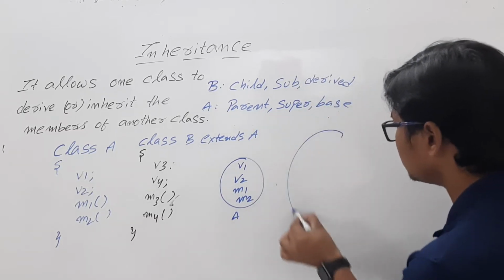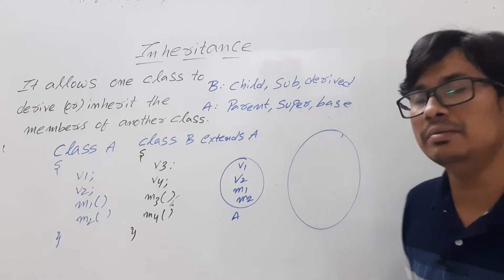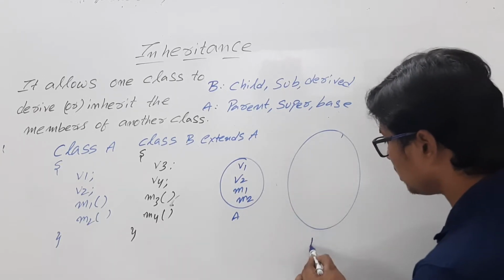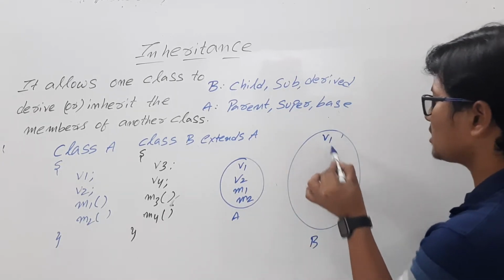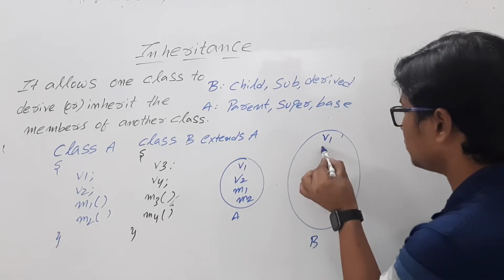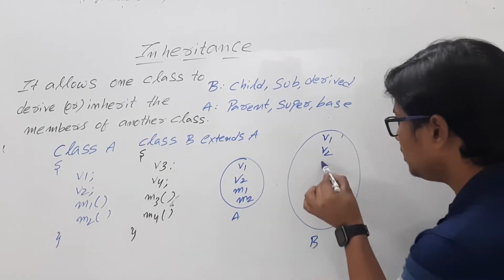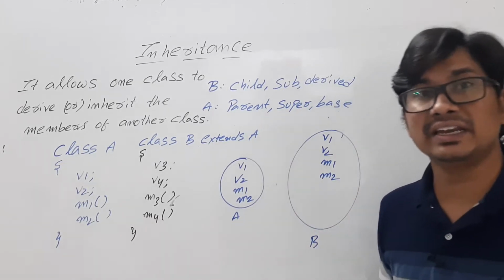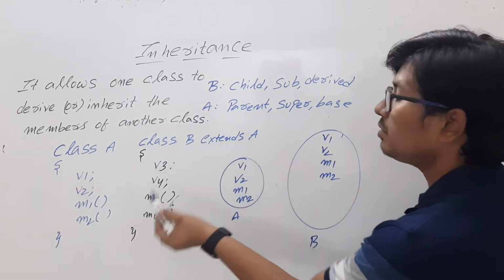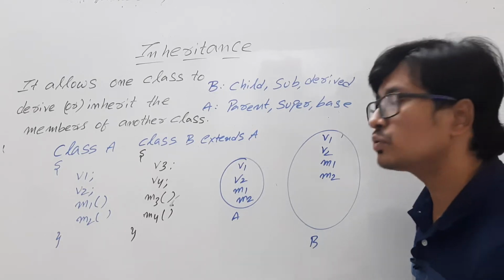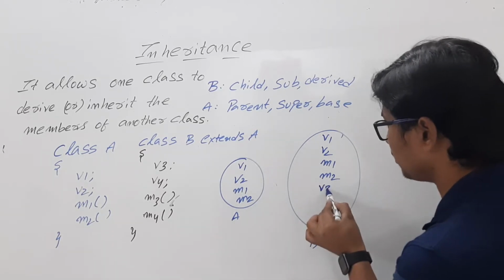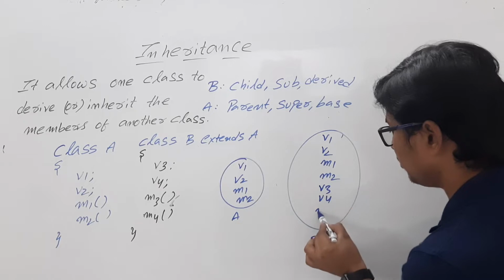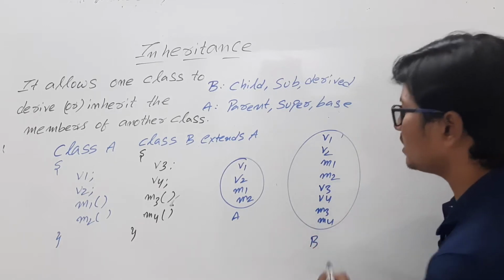All these features or properties or members will come to the child class. So class B will also have variable v1, variable v2, method m1, method m2, and it can also have its own properties or members: variable v3, variable v4, method m3, method m4.